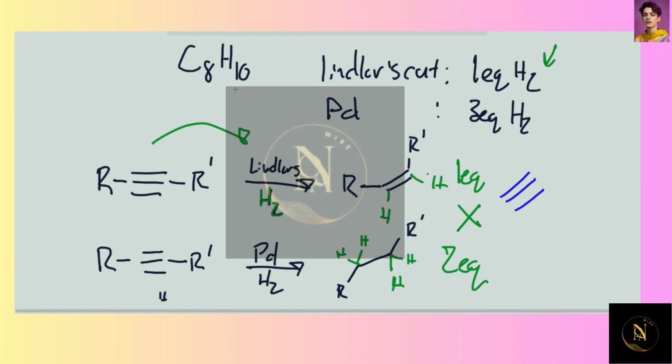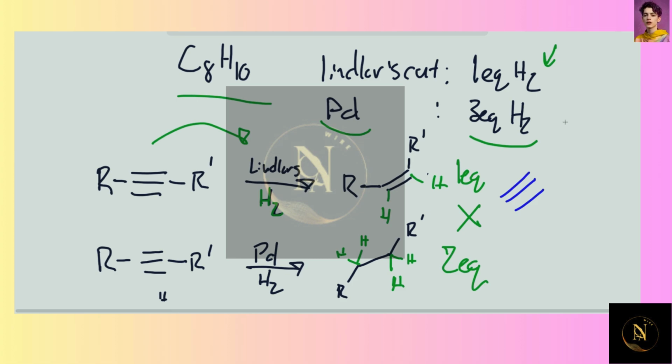Okay, so we reacted it once with Lindlar's and used 1 equivalent of H2. That tells me we have an alkyne. Then we're taking that same molecule, the starting material, so we know we have an alkyne in it, and we're reacting with palladium and hydrogen, and we've added 3 equivalents of H2. So the alkyne we already had would use 2 equivalents of H2.